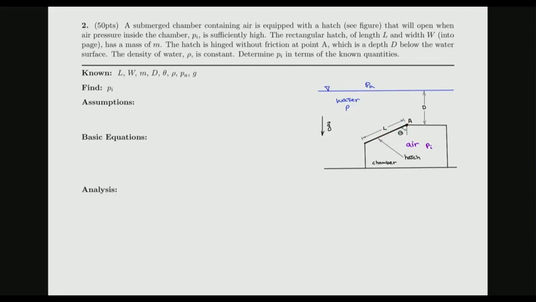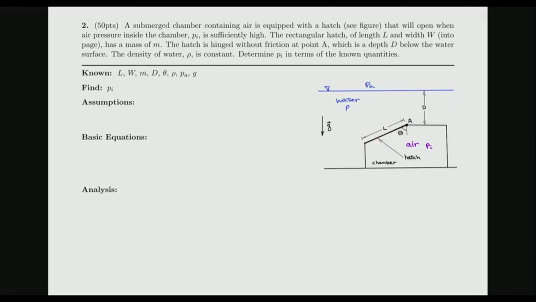If the pressure is sufficiently high, then this hatch will open. So this force due to the pressure of the air inside will cause a moment about A and overcome the pressure due to the liquid, which will cause a distributed force on this side.